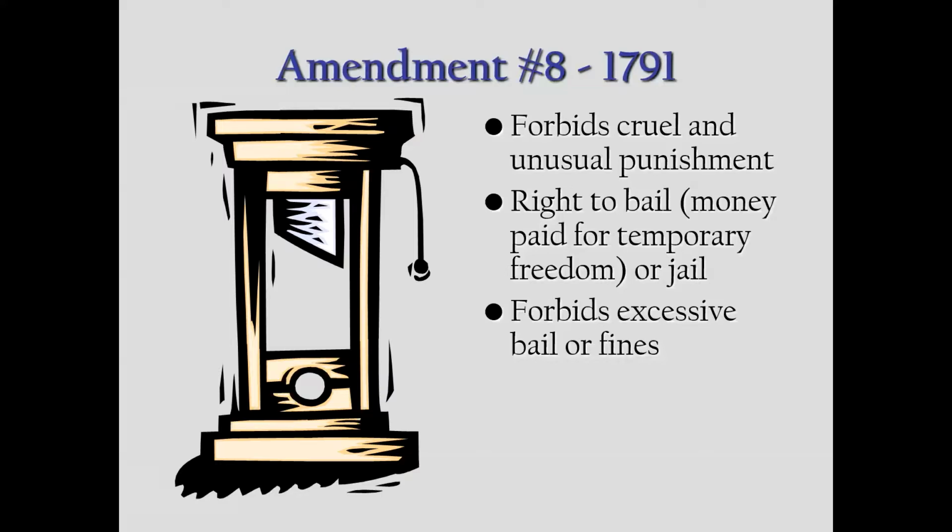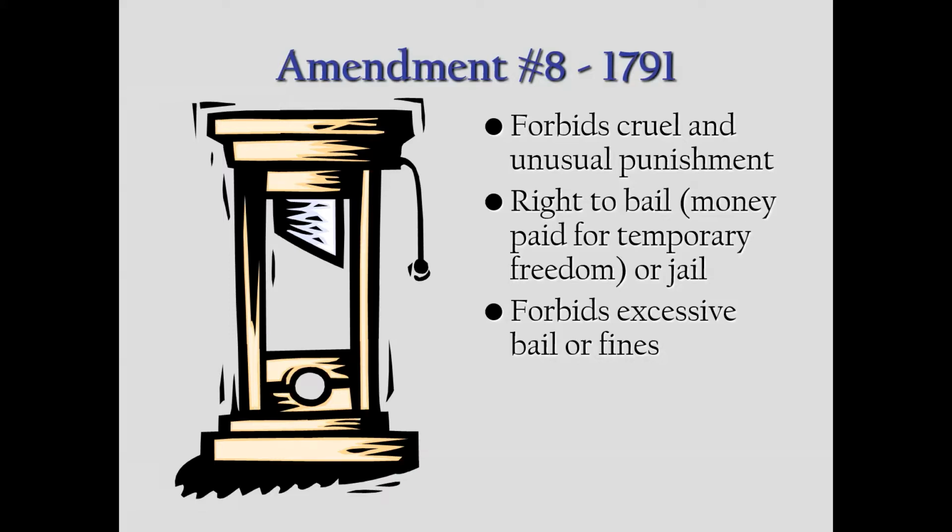And in some cases, a judge does have the right to deny bail. It depends on the type of crime. And the Eighth Amendment also forbids excessive bail or fine. So if you steal a loaf of bread, they're not going to set your bail at $1 million. And so that's the Eighth Amendment. Freedom from cruel and unusual punishment is typically how it is summarized.